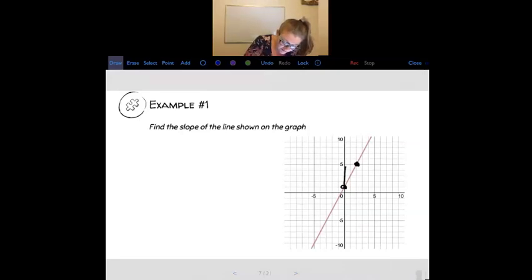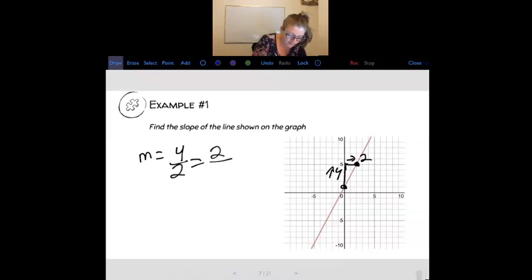Okay, so we went up 4 and we're going to go over 2 to the right. So our slope, or what you might see notated as m, would be 4 over 2, which is the same as 2 over 1, which is the same as 2. I don't know how picky the software is. It might have you simplify, but I'm okay with either of those. Okay? So in this case, we went up 4 over 2 to get to the next point.